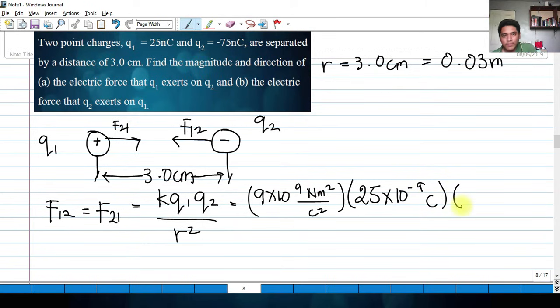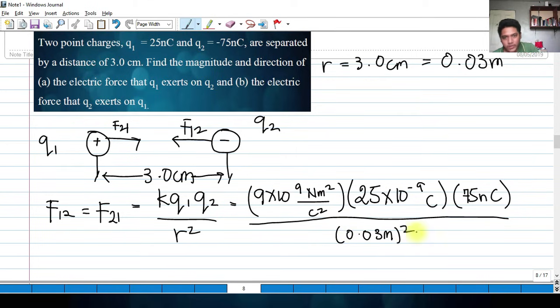Multiplied by what? Again, magnitude. If the problem is asking for magnitude, we should use positive, even though it's negative, 75 nanocoulomb. That is the same as 75 times 10 raised to negative 9 coulomb. You must input into your calculator the times 10 raised to negative 9 coulomb, divided by 0.03 meters squared.